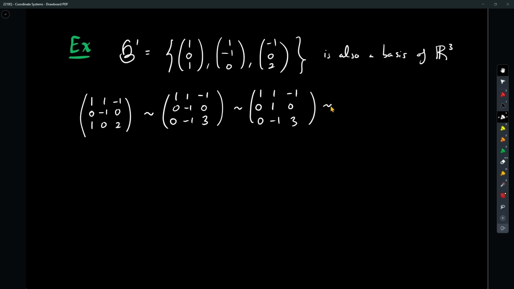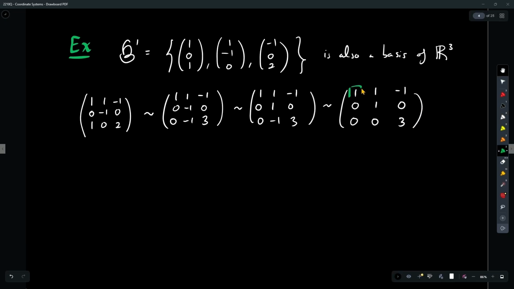And now I can row reduce the last one. 1, 1, minus 1, 0, 1, 0, 0. Add to the third one the second row, and I get 0, 3. And now I can already see that this has 3 pivots, 1 in each row and 1 in each column.